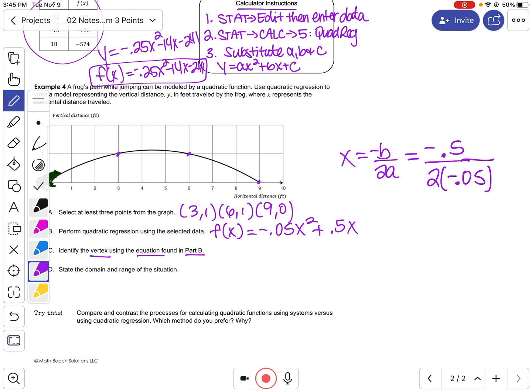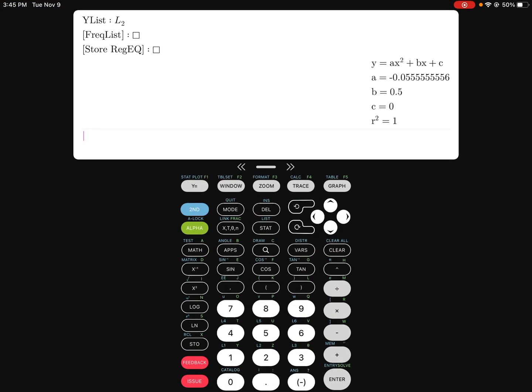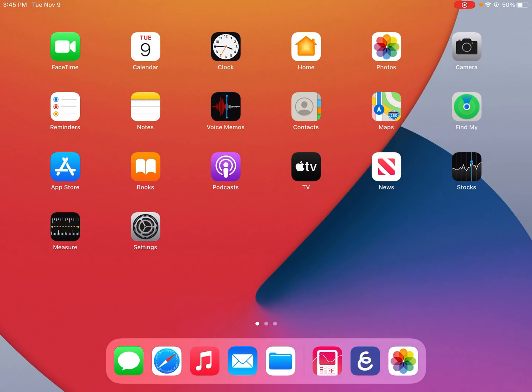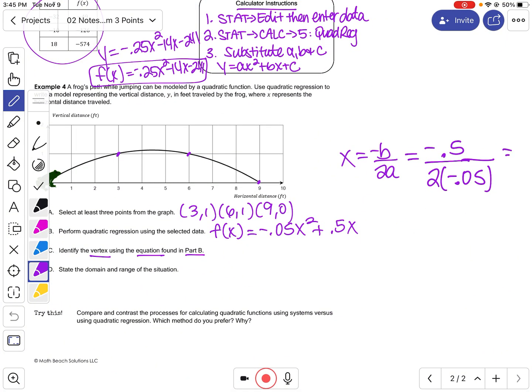Let's type that in: negative 0.5 divided by, open your parentheses since you're dividing by more than one thing, negative 0.05 times 2 because it's 2a. Notice we get 5 for the x value. So there's the x value of the vertex.